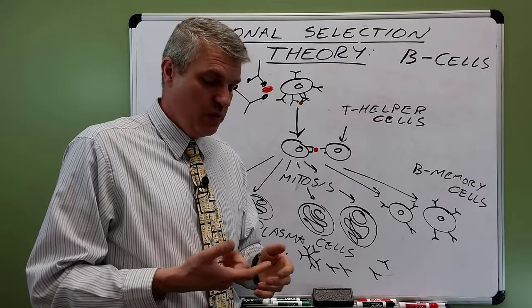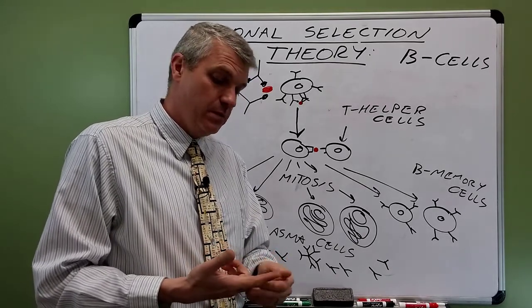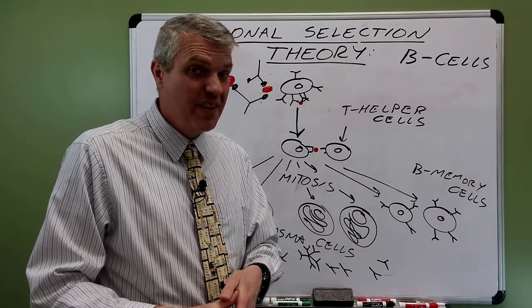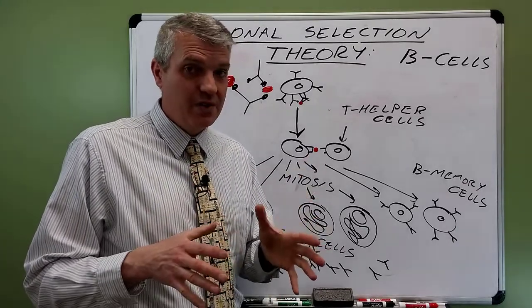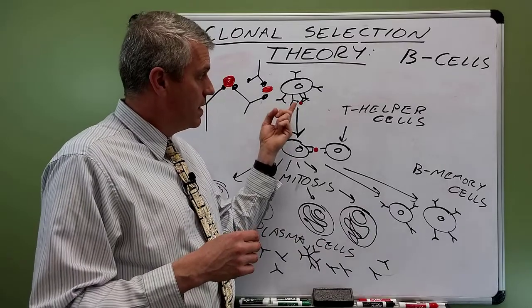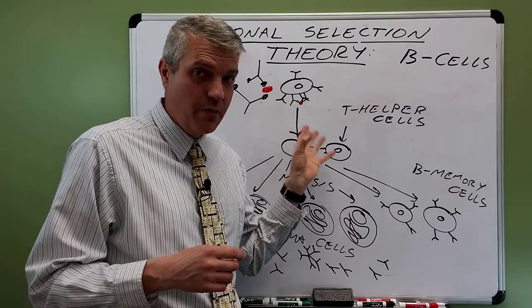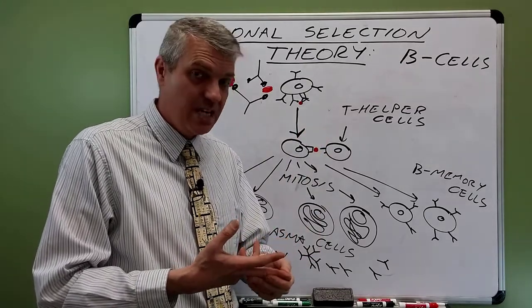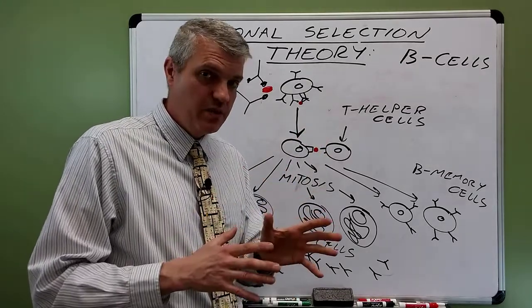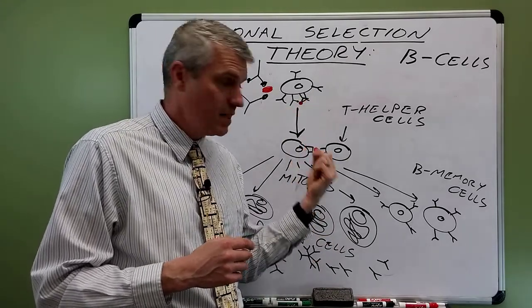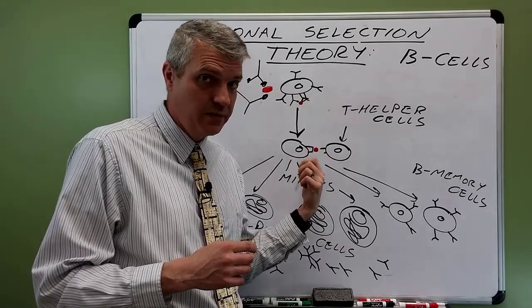The other immunizations we can give for measles, mumps, rubella, tetanus, diphtheria, all of those immunizations work because they trigger this clonal selection of not only B cells, but remember that T helper cells, T killer cells, the other types of immune system cells, they go through a similar clonal selection process, including helping to make sure we don't attack self.